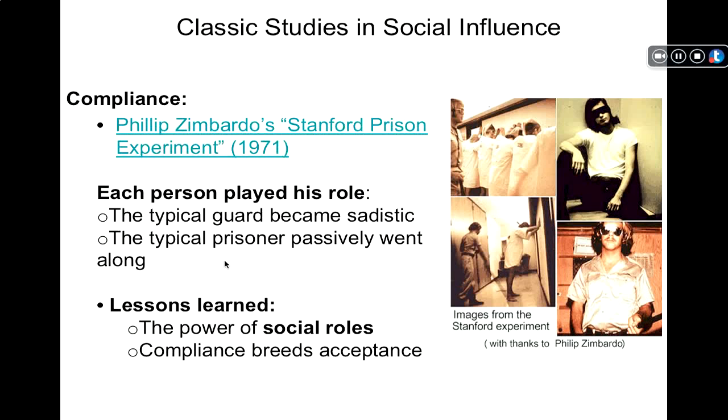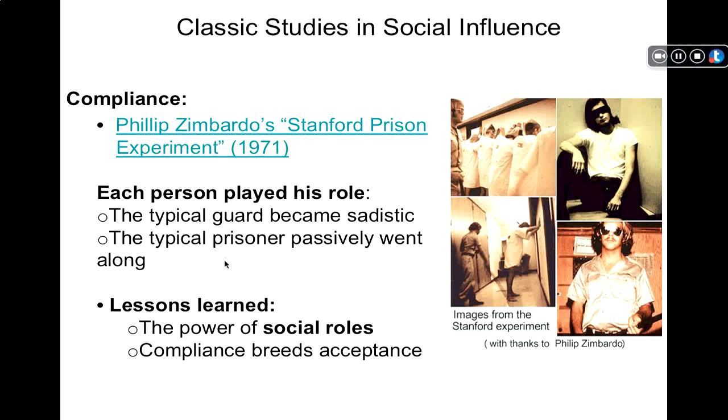The second lesson was that compliance breeds acceptance. That is, I may enter a situation, take on a role that is inconsistent with the kind of person I believe myself to be, either things that I believe in from a moral standpoint or some other important standpoint, values and so forth.